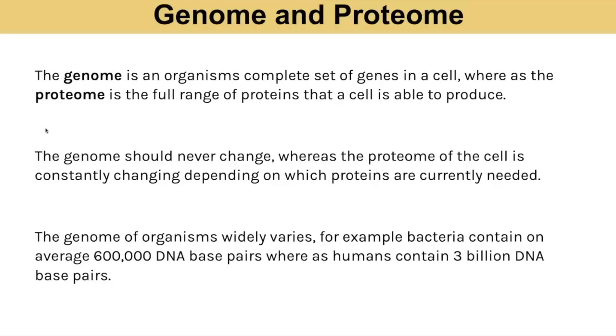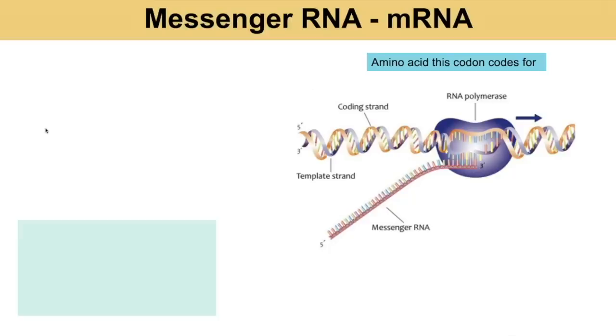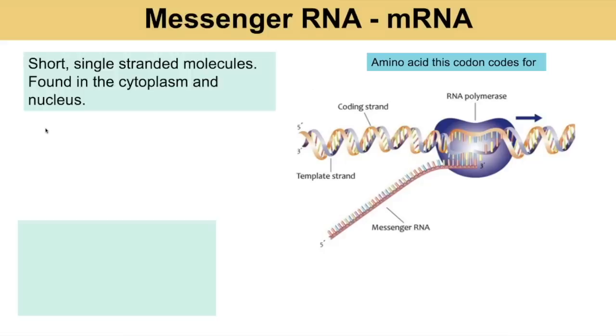So this then starts to take us on to RNA before we get into protein synthesis. So messenger RNA is what mRNA stands for, and we can see it here on the picture. It is short compared to DNA because it's only a copy of one gene, whereas the DNA is the entire genome.